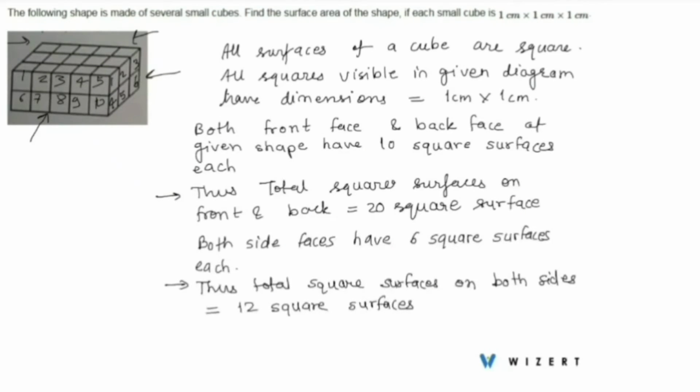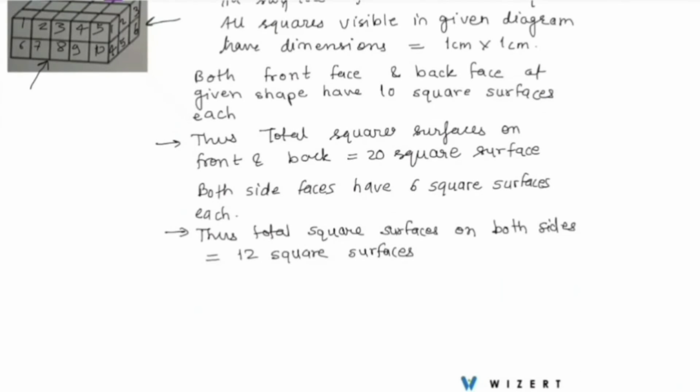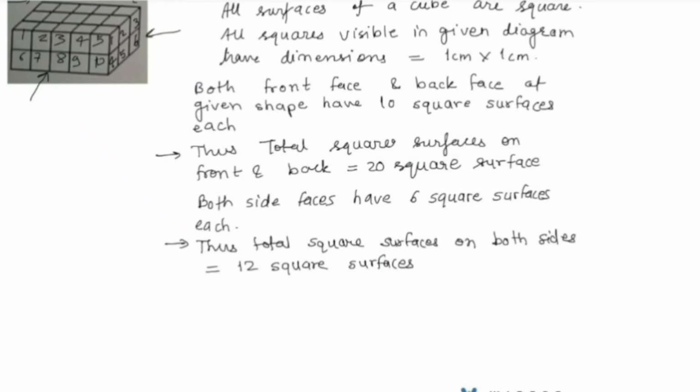Now let's look at top and bottom surfaces. So both the surfaces, that is top one and bottom one, have equal number of squares, which is, let's see, 1 2 3 4 5 and 5 more, that is 10, and 5 more, that is 15.